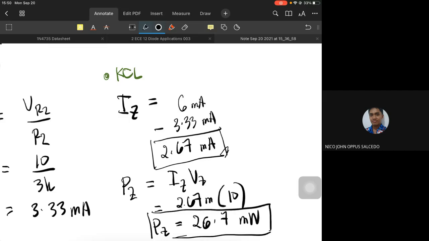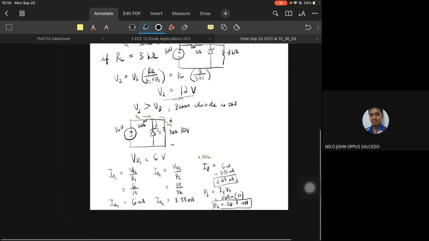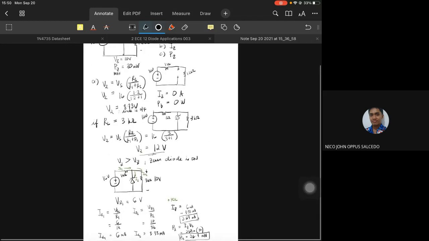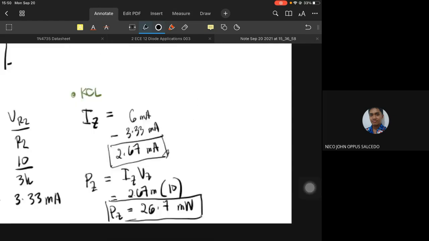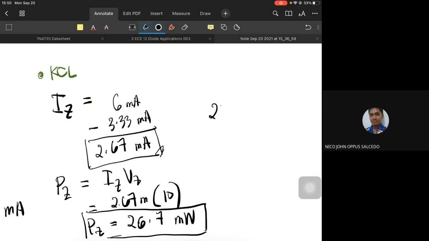That is still far from the maximum rating. Our Zener diode will not be destroyed. PZ max is 30 milliwatts. So our 26.67 is still less than the rated power of 30 milliwatts. So we can conclude that the diode is okay.